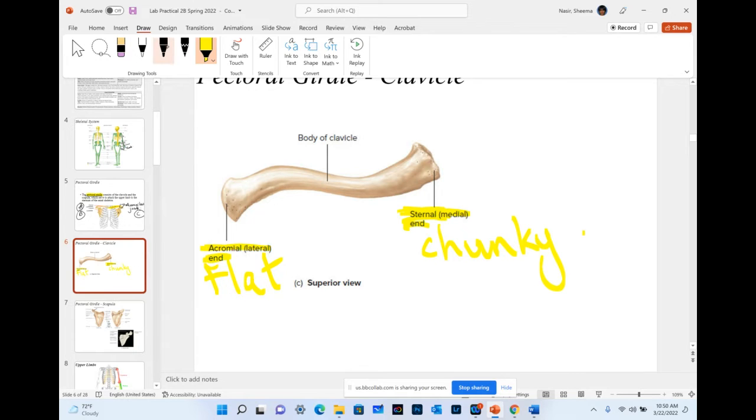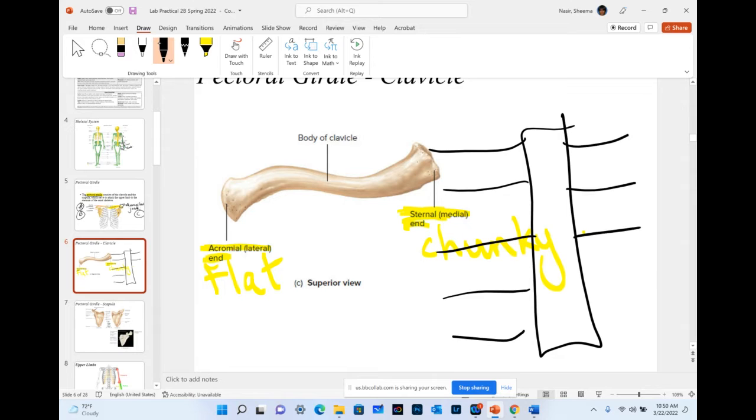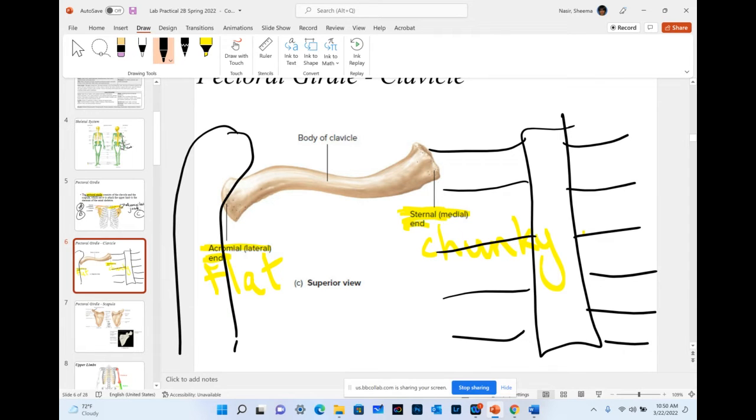So your sternum with the rib cage is right at the sternal end, and the acromial end is where your shoulder is going to be. Do you understand? So that is how you are supposed to know the bones.